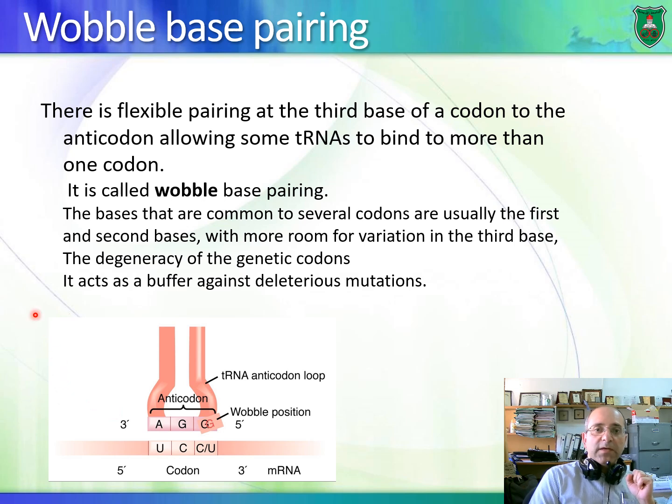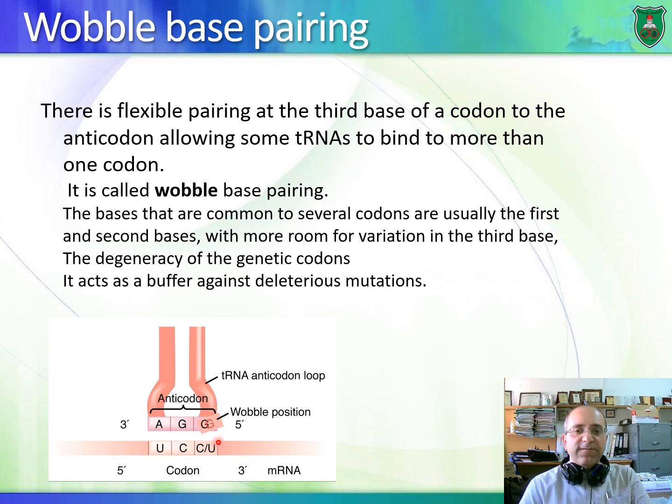However, there is something known as wobble base pairing. What wobble base pairing is, is that there is some sort of flexibility in base pairing, particularly when it comes to the third nucleotide of the codon, or the first nucleotide of the anticodon of the tRNA molecule.